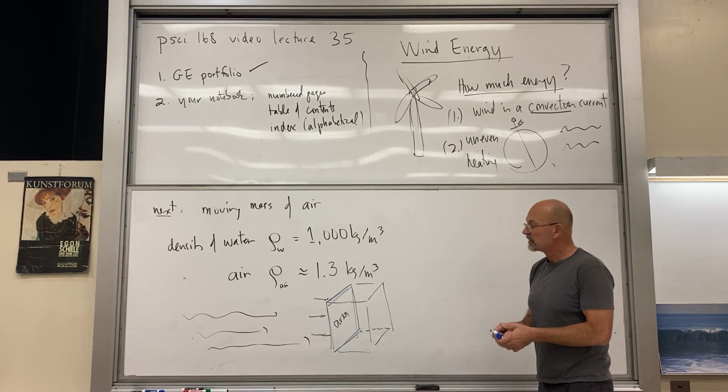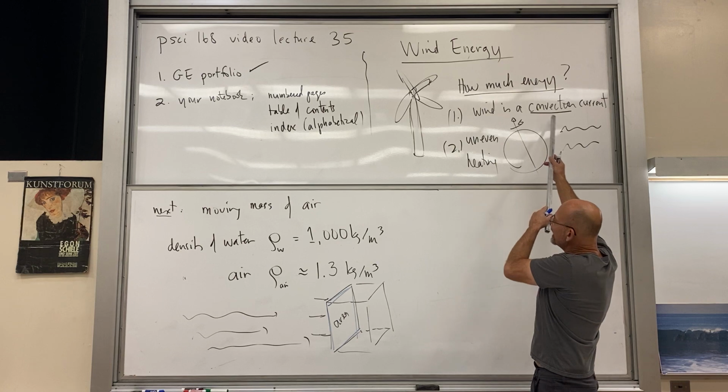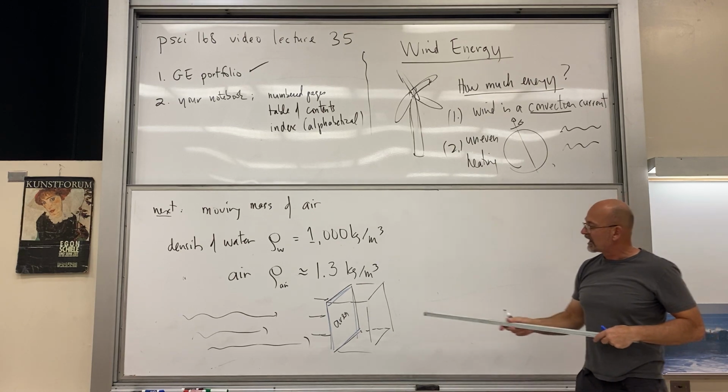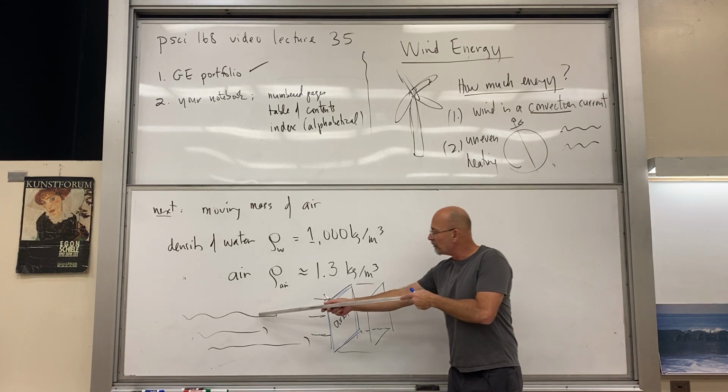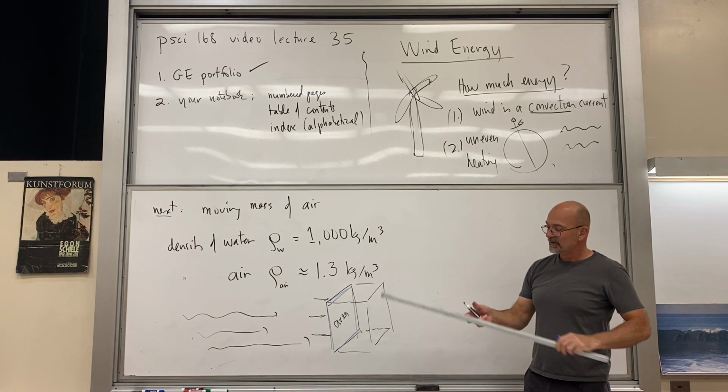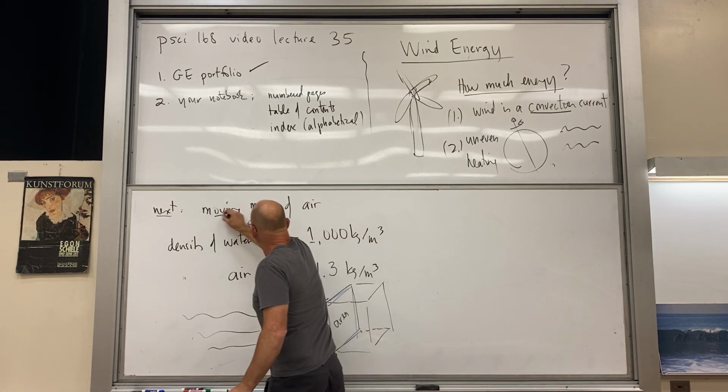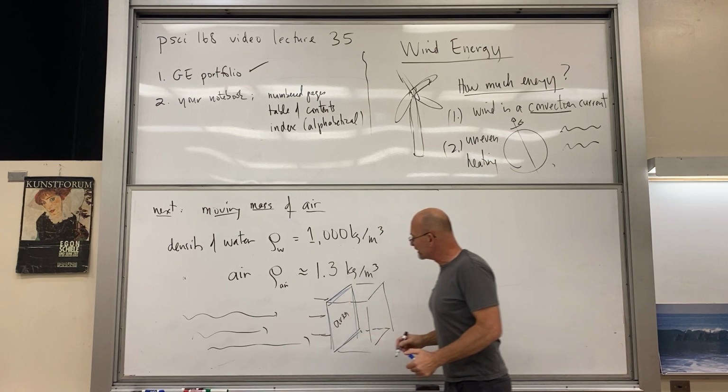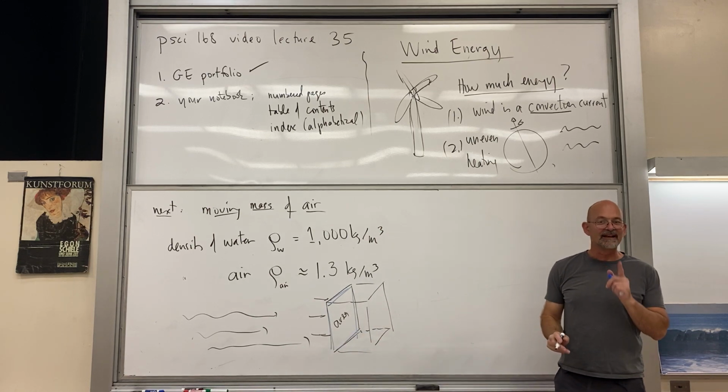Okay, so I'm saying how much energy, well, what kind of energy is it? We have a moving mass of air, and so we've learned this semester we're talking about kinetic energy.